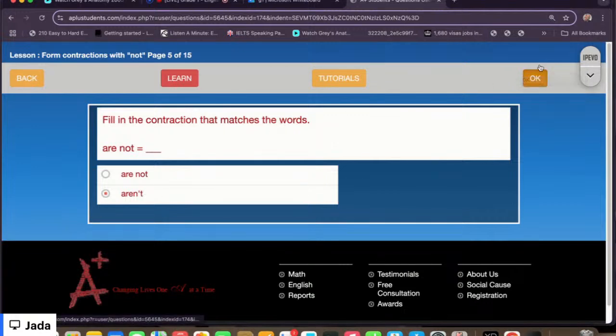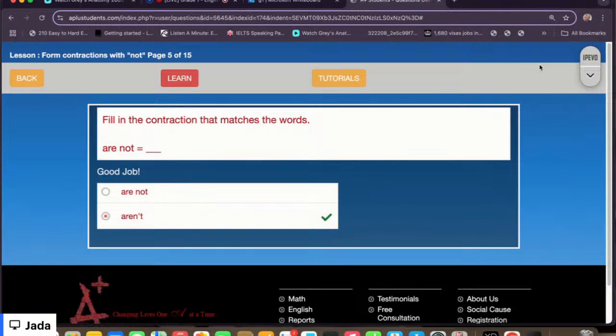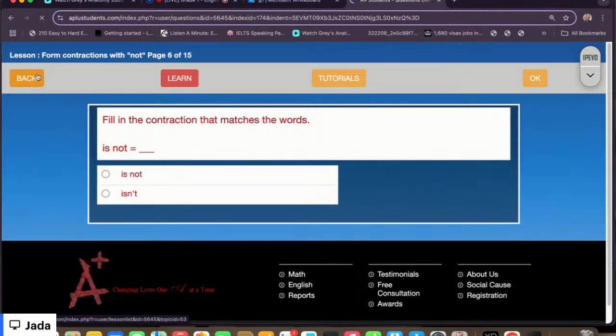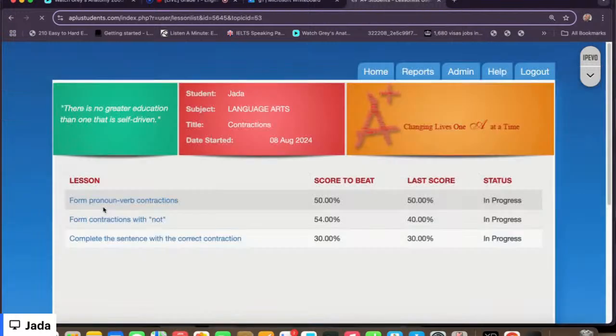Okay. So that's it for the contractions. We will continue the next lesson for the contraction next week when we get to meet again. We'll finish the lesson for the contraction. But before we end, let me know, do you have any questions before we end?